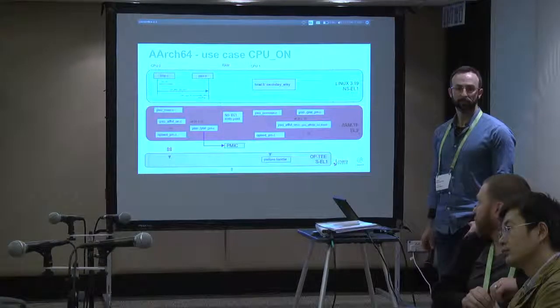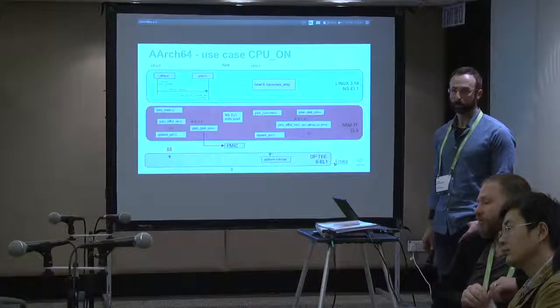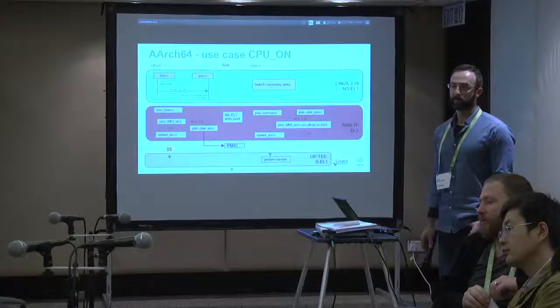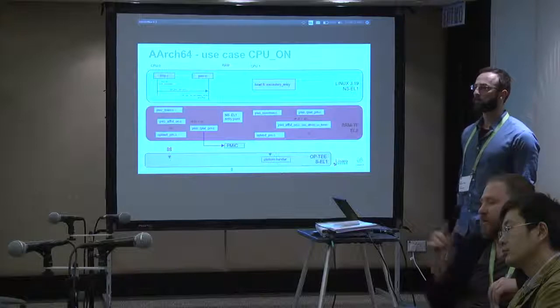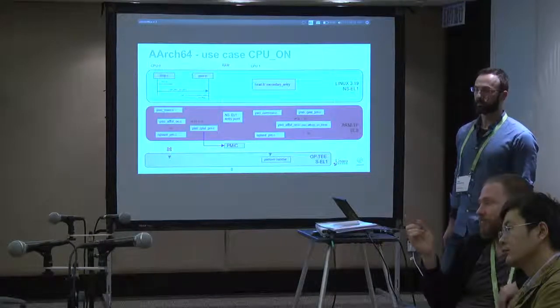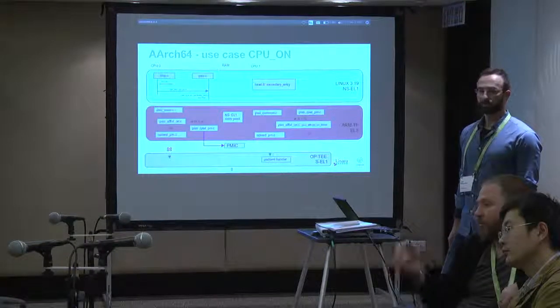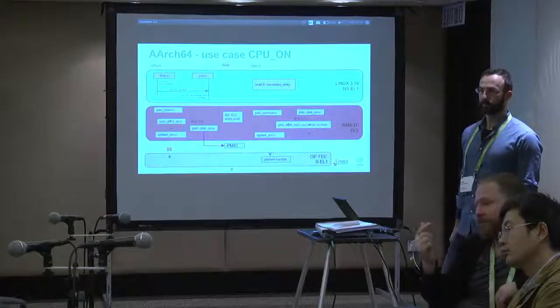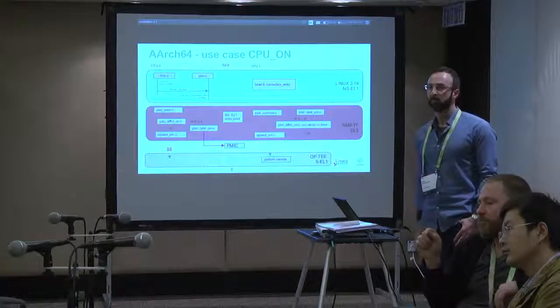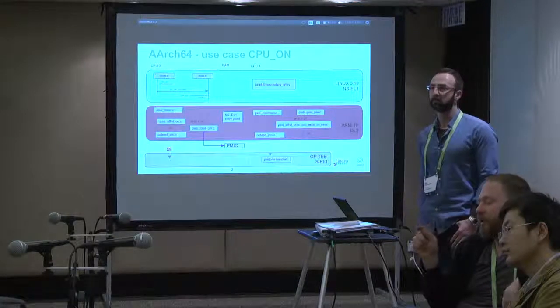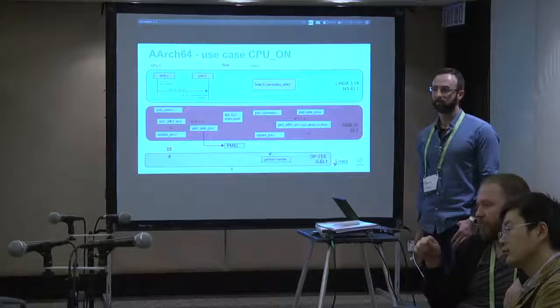Yeah, I think part of the problem too is the evaluation for this has been on platforms like Juno, where we're not dealing so much with DVFS that the kernel is going to be controlling. Well, Juno does have DVFS controlled by the kernel. Yes, but what I mean is that's CPU DVFS, but you're also going to have potentially other things for power down, retention voltage and so on.